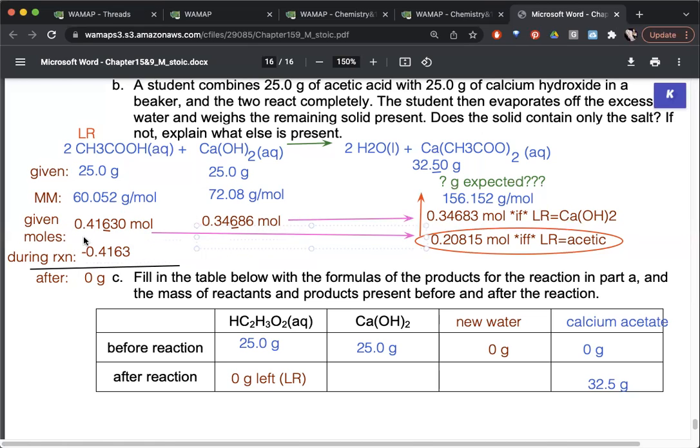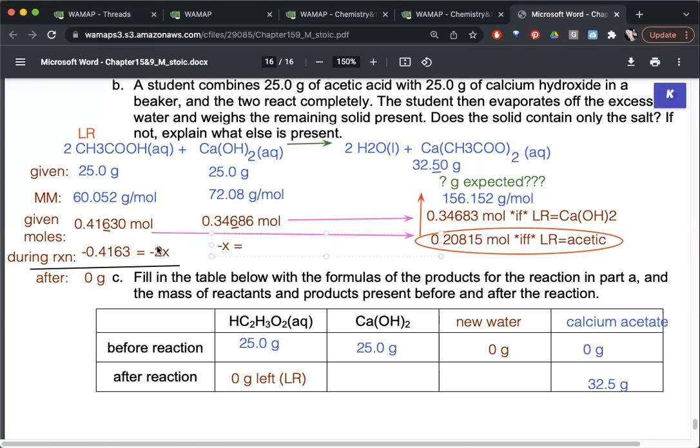Well, remember when I set that up today, I said, during the reaction, we're going to have that go away at a rate of 2x, while this one goes away at a rate of minus x. So then what would x equal?